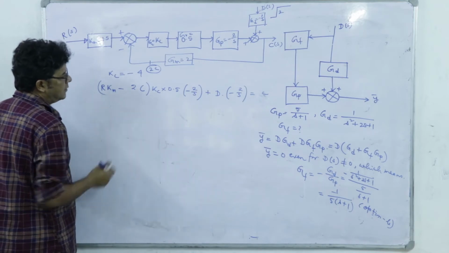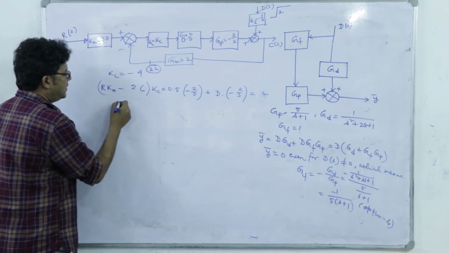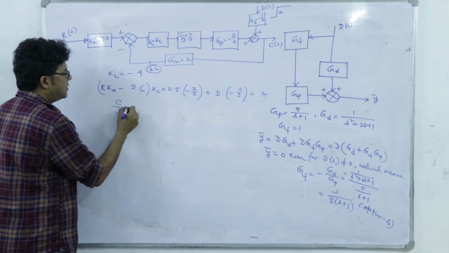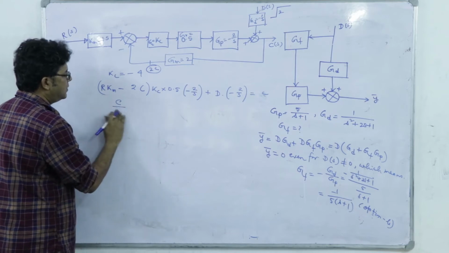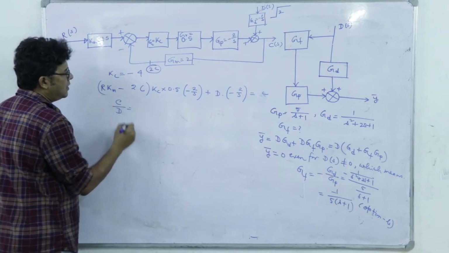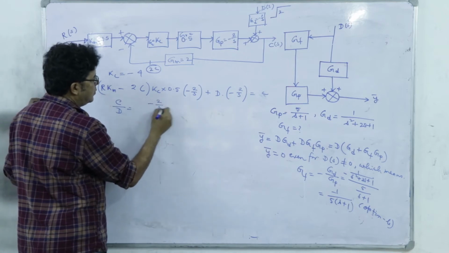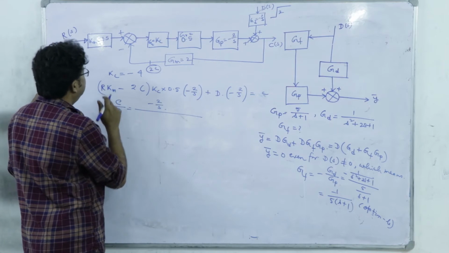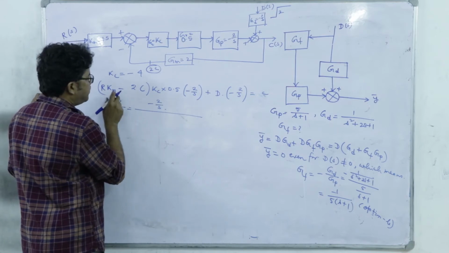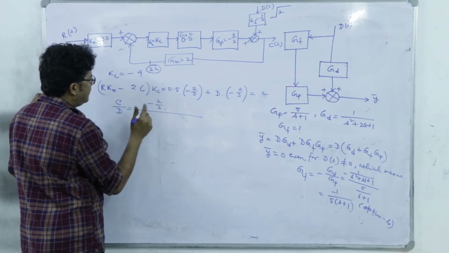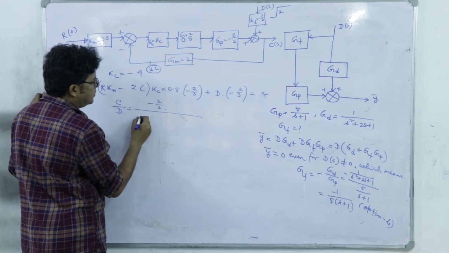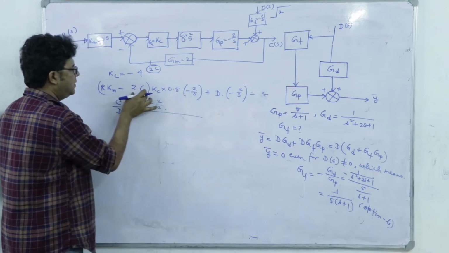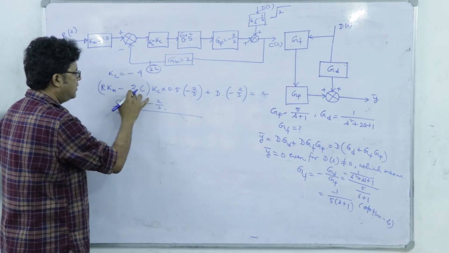So, for the disturbance block, C by D we can write as minus of 2 by S, denominator will be this part, and C is going to this side.